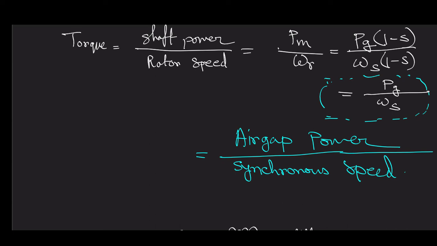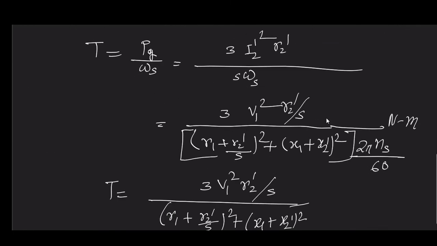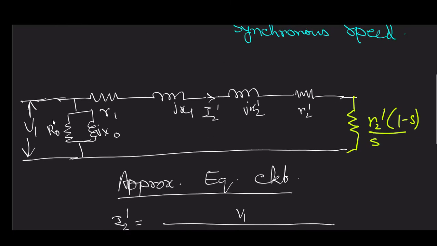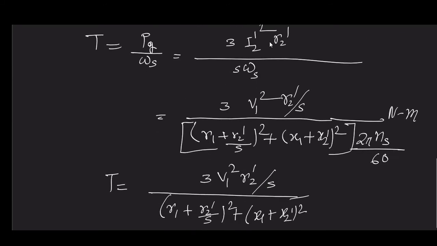Basically that is the air gap power. But again, we get this formula by considering the approximation of bringing the magnetic circuit here.